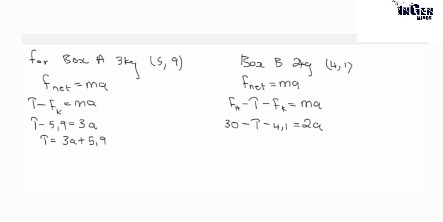So we're still gonna have to make T the subject of the formula. We're gonna minus 4.1 from 30 right there. And then we'll just end up having T equal to negative 2A plus 30 minus 4.1, to simplify it like that.